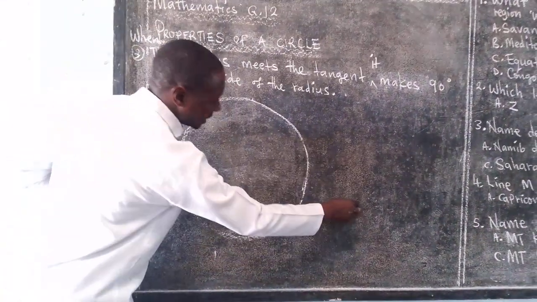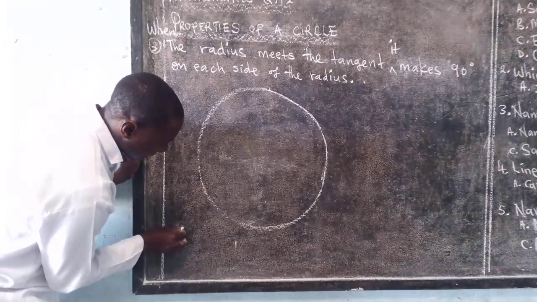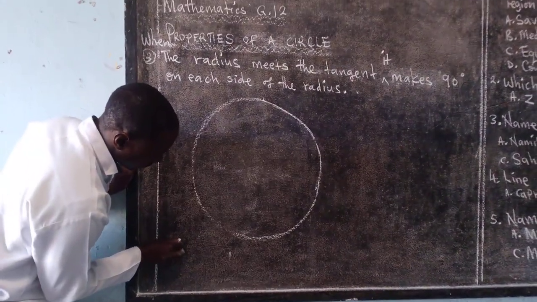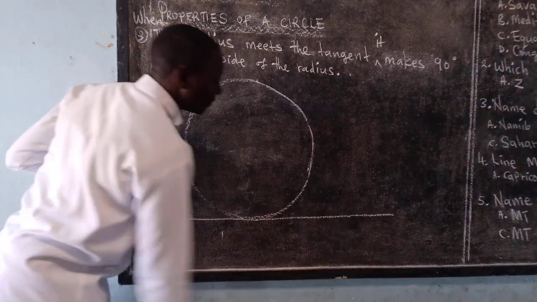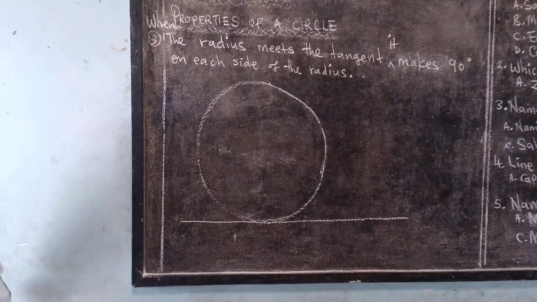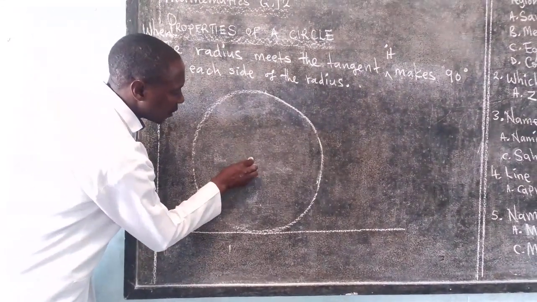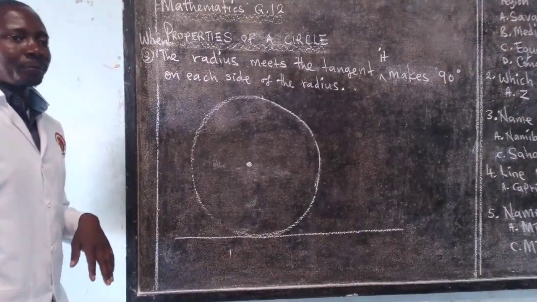The line of tangent is like this. This is the line outside the circle. And we all know that a radius is half of the diameter.